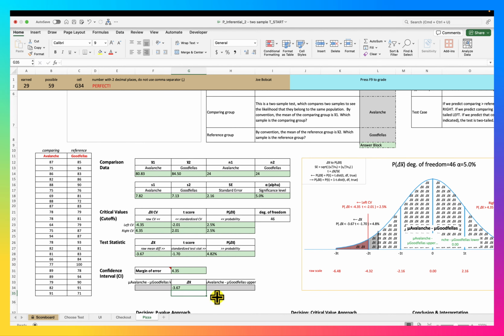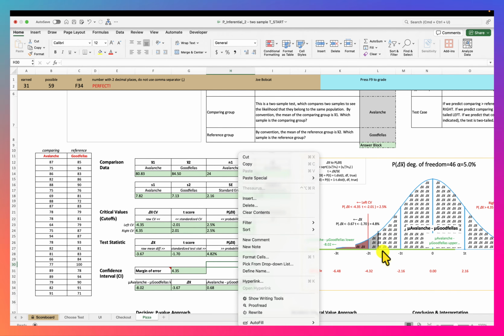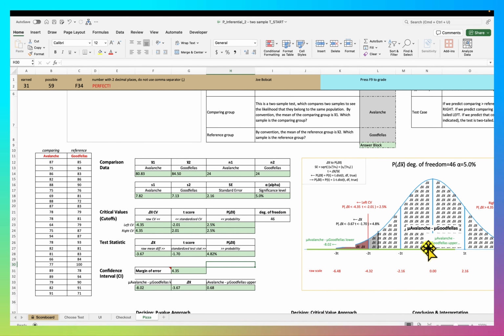Delta x bar, and we say equals that plus what? Margin of error equals that minus margin of error. And you can see that the margin of error crosses 0. So this is going to end up being a fail to reject.